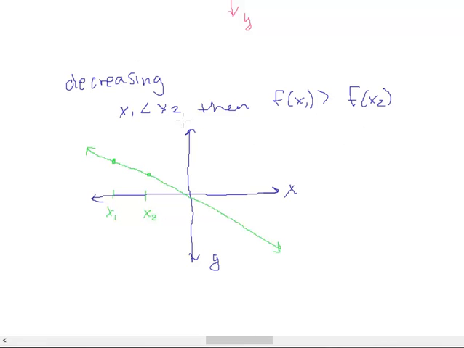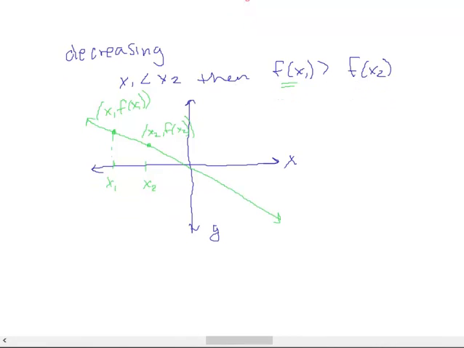So that definition actually makes sense. Because again, this length would be f of x1, and that's going to be higher, so greater than f of x2. The easy way to think about it, again, is you read a graph the way you read a book. If it's falling from left to right, then it's decreasing.